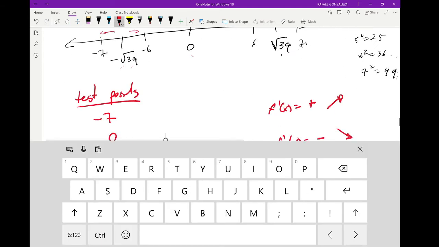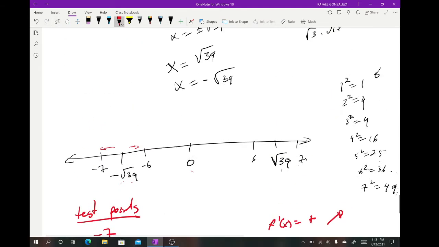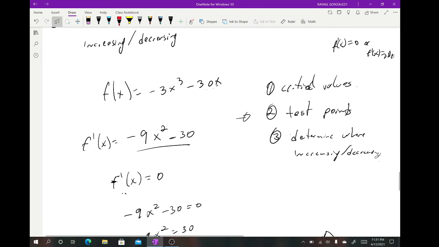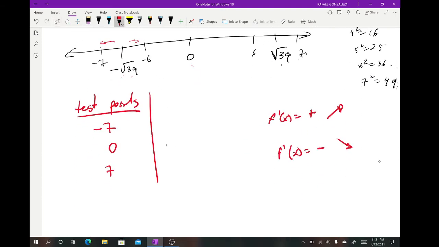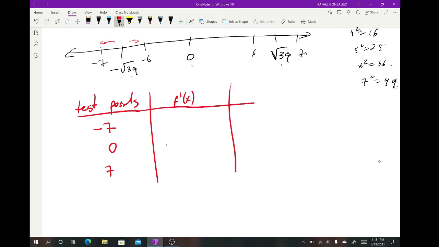Well, what is the derivative? We had the derivative up here to be -9x squared minus 30. So let's say f prime of x, and let's see what we get. Let me erase this. Okay, so f prime is going to be -9x squared minus 30.